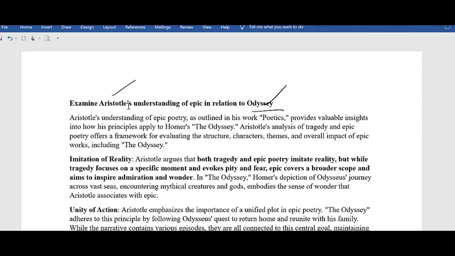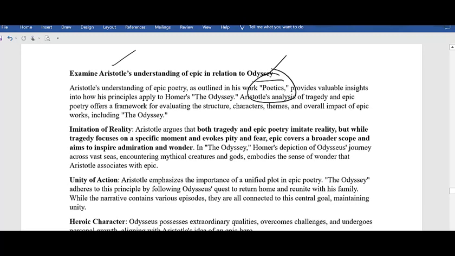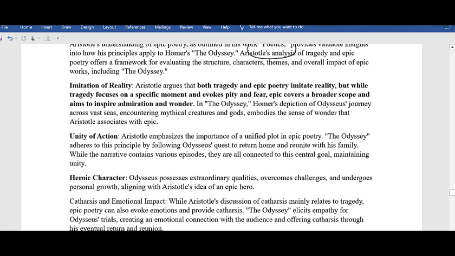Now, since the question is to examine Aristotle's understanding of epic in relation to the Odyssey, when you talk about Aristotle's work, the Poetics, you first mention where Aristotle talked about all these opinions. Then you start talking about the conventions, the characteristics he associates with the epic. One thing he definitely says about the epic is that a tragedy and an epic are supposed to replicate reality.